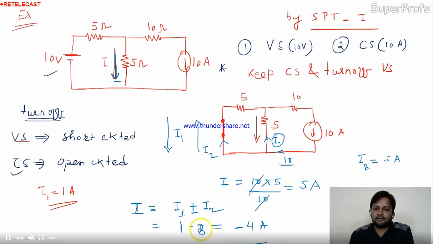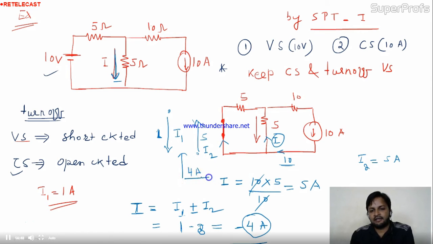Suppose I ask you, tell me the current 4 ampere, where is it going? From up to down I am having 1 ampere. From down to up I am having 5 ampere. So overall what is the resultant? Resultant is 4 ampere going up.